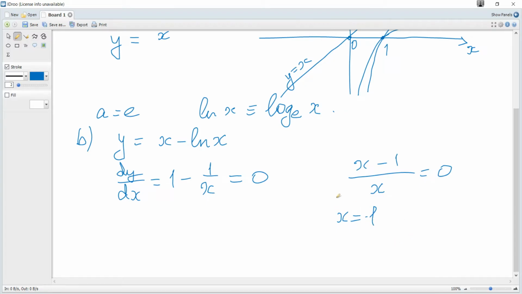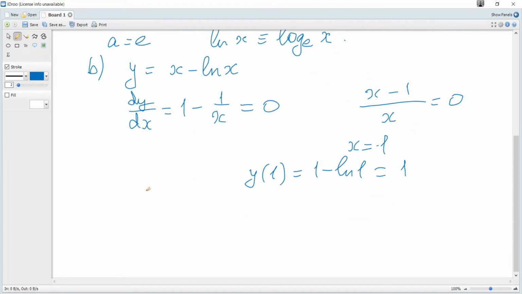And if we substitute 1 into the function, we get y of 1 is 1 minus ln of 1, which is 0, so it's 1 minus 0, it's just 1. So (1, 1) is the required point, and we need to show that it's a minimum.